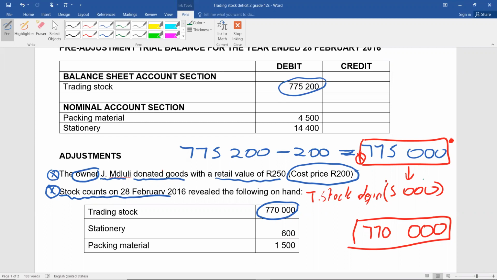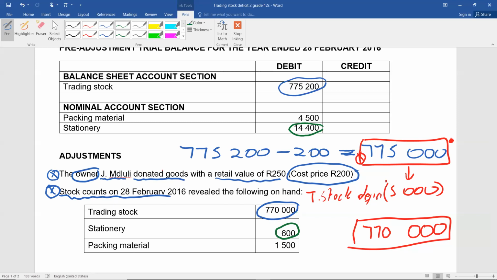Now, with respect to stationery, let's start there. It says the stationery on hand is 600. However, under the nominal accounts section, our stationery is 14,000. What needs to happen here, Mulifi? Don't we reduce the 14,000?